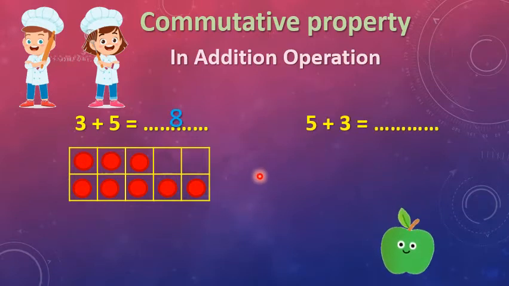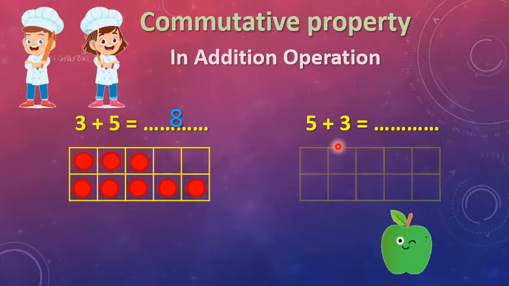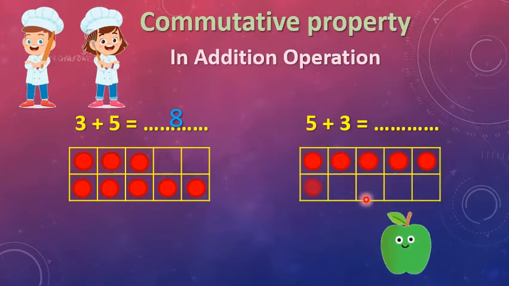If we use 5 plus 3, if you commute these numbers, reverse the places of these numbers like this and put plus among them. It will be using our ten frame, 5 in the first row and 3 in the second row. Then count the number of all these dots, it will be 8 also.